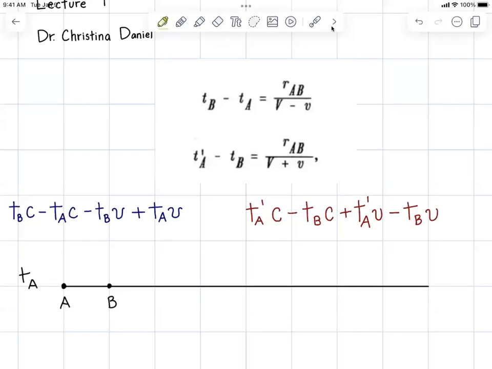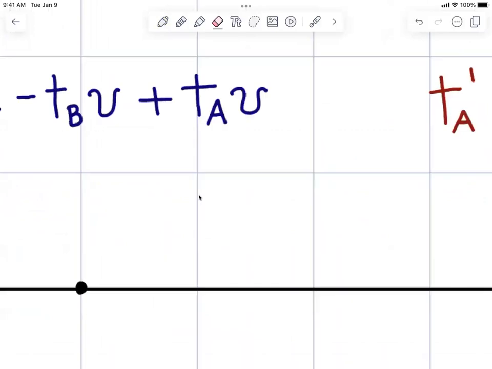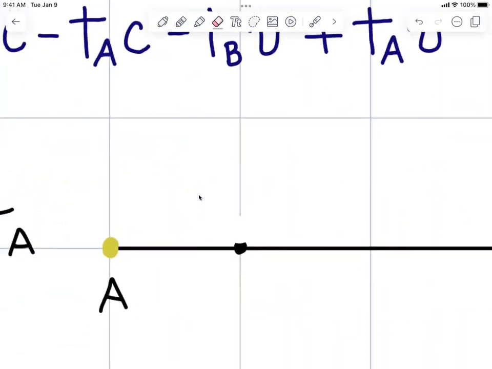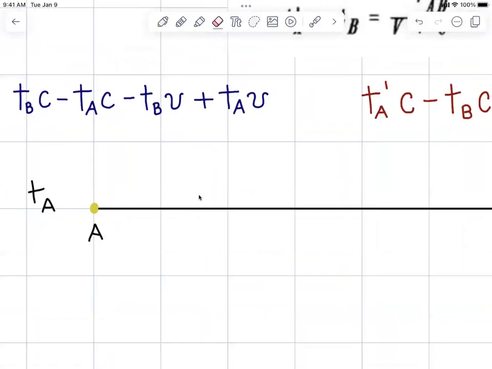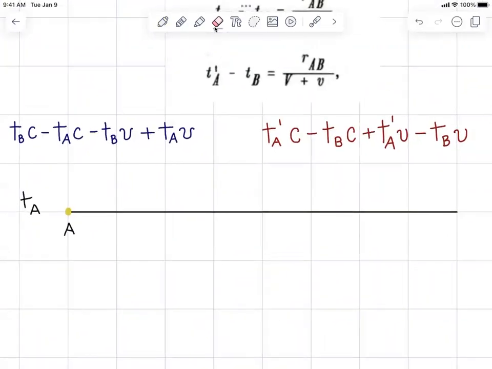At time t sub a, light is emitted from point A. So I can maybe put a dot on point A to symbolize that. I did put point B at an arbitrary location, but this particular situation doesn't involve point B, so I'm going to erase it so that we don't do anything incorrect.